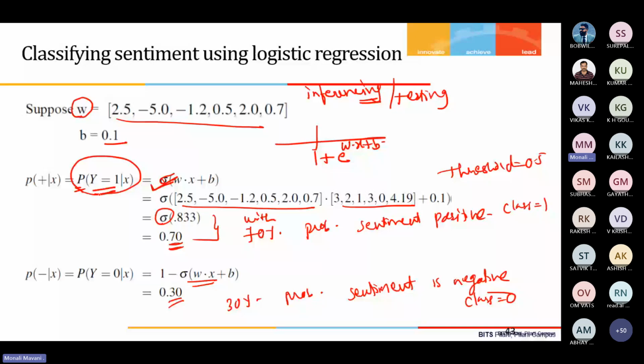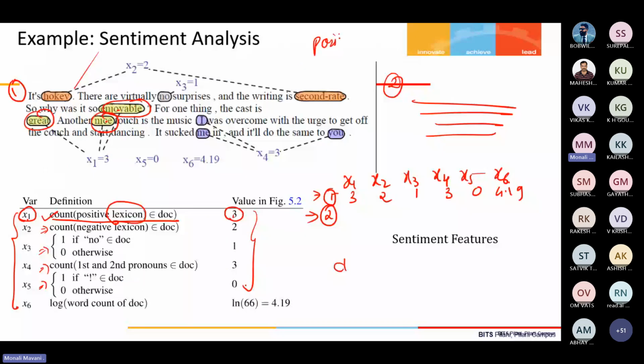Our target value is y, 1. So here you have to assume this is our supervised example where for the positive class, that is a sentiment which is positive, y will be 1, and for the negative class, it's a negative sentiment.